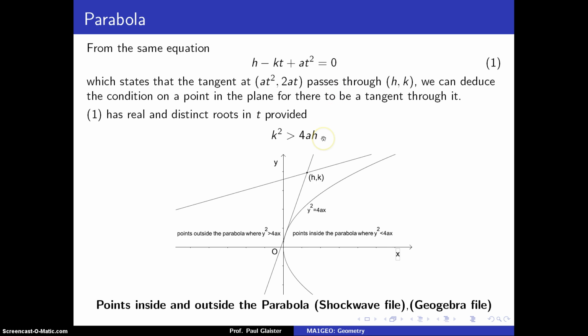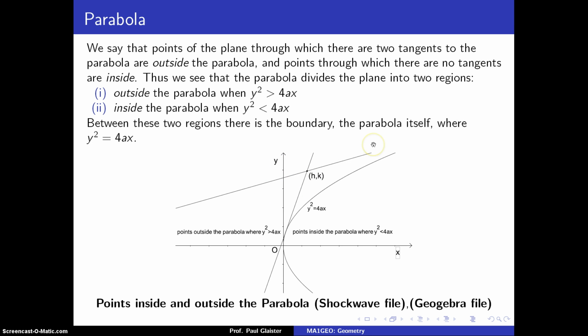That will be where K squared is bigger than 4H, and that will represent points up here. All the points up here, for which there are two roots for the quadratic, representing the parameters for the two tangency points on the parabola drawn from HK, are outside the parabola. And similarly, points here, the other side, are inside the parabola.